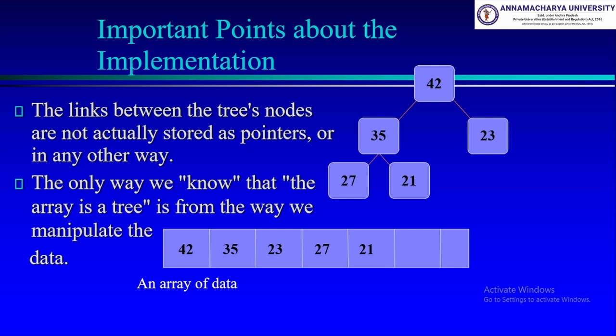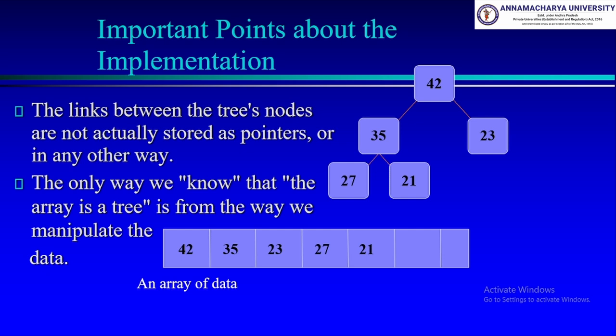The important points about the implementation: the links between the tree nodes are not actually stored as pointers or in any other way. The only way we know that the array is a tree is the way we manipulate the data.